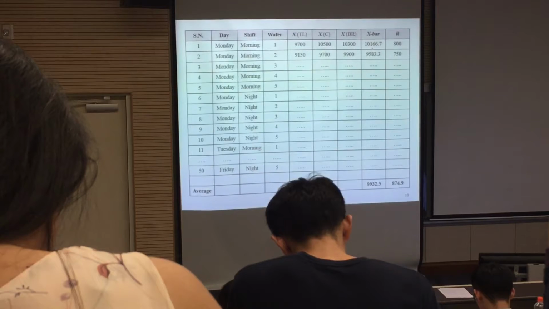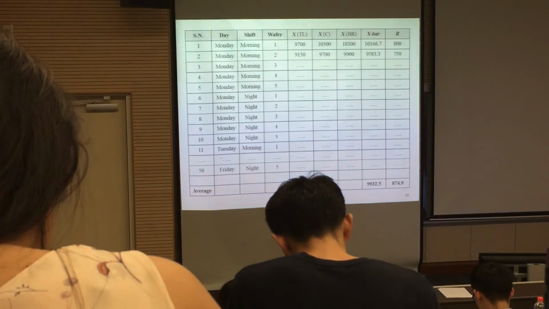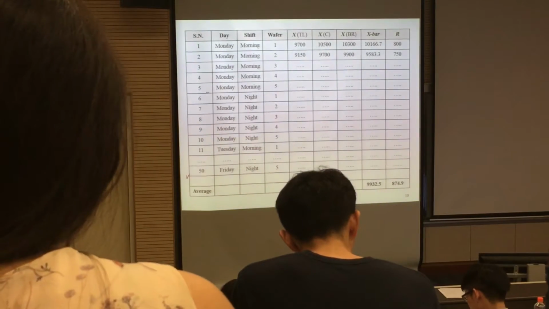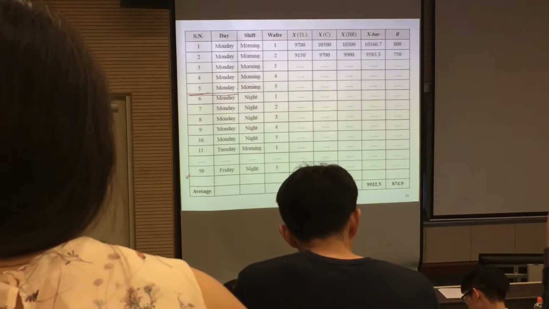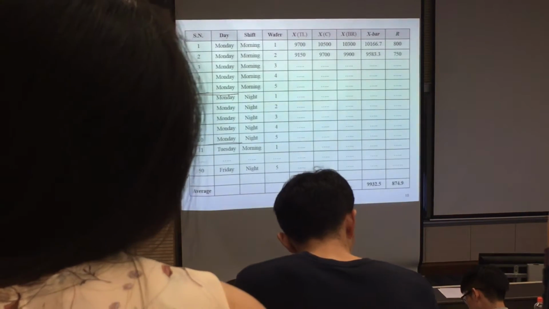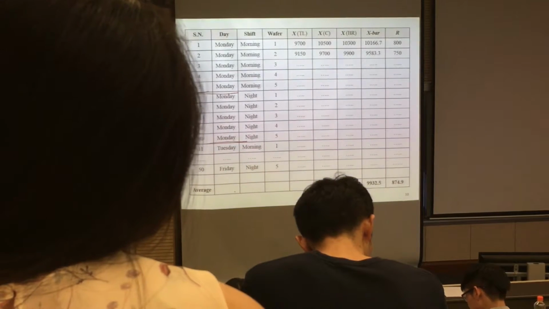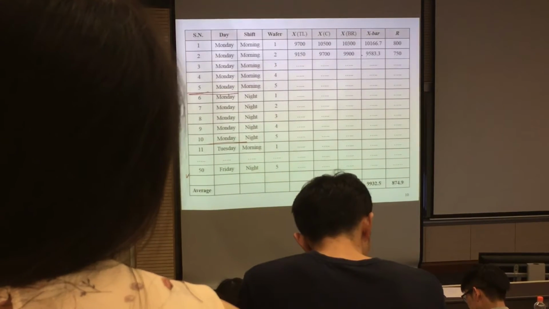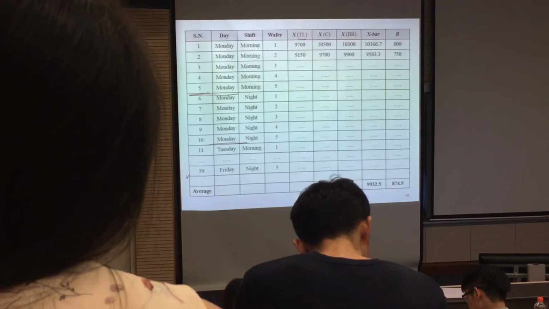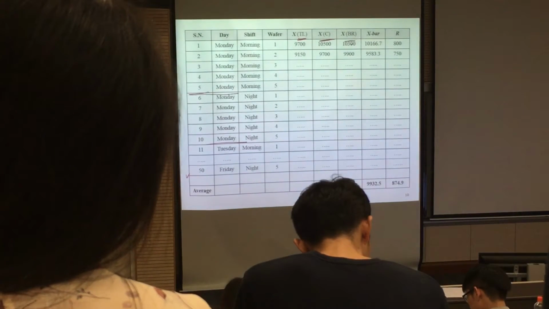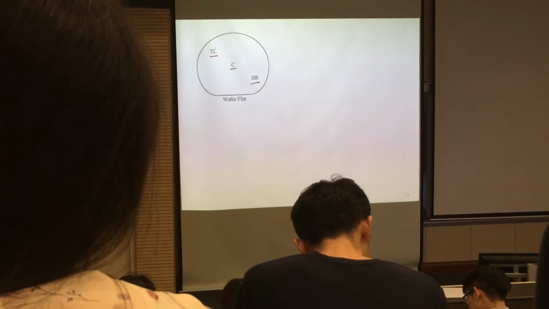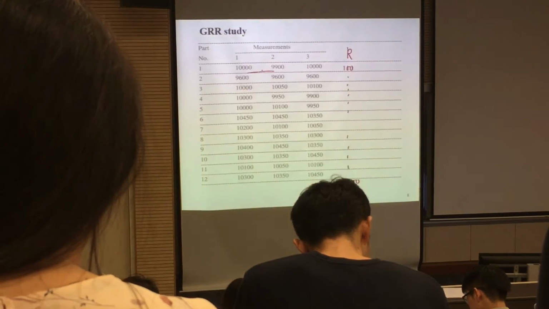Notice that over 5 days, each day has 5 wafers, morning and afternoon shift, and then the actual measurements at different locations. Notice this location, measure here and put it down here.